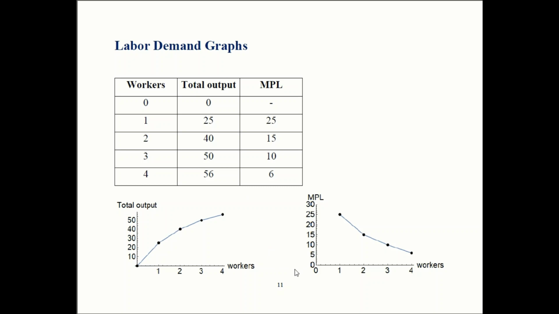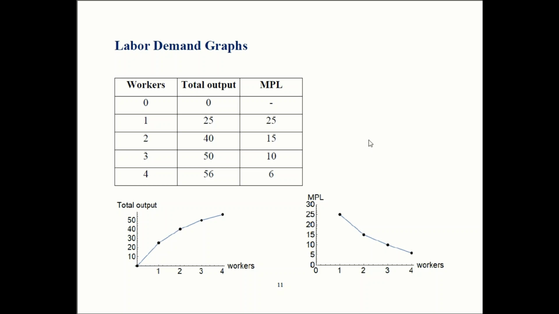With total output, it's going to continue to rise, though at a decreasing rate. It's going to start flattening out the further out you go. The marginal product, though, is going to have a negative slope. That's going to keep going down because that's a change in total output. We saw the MPL is 25 when you had one worker, so I applied that point over here. It was 15 when you had 2 workers, so I applied that point.